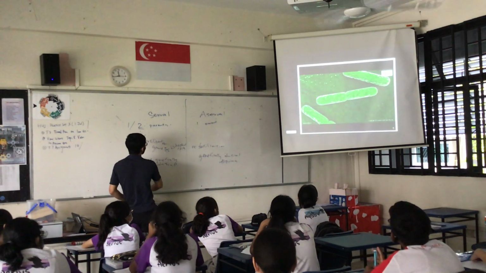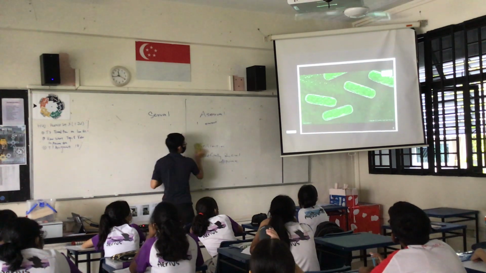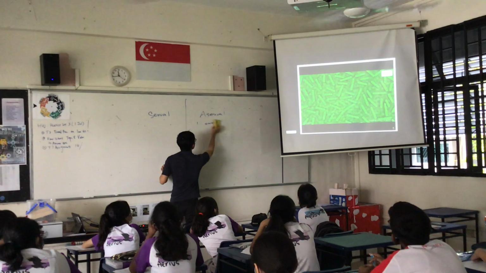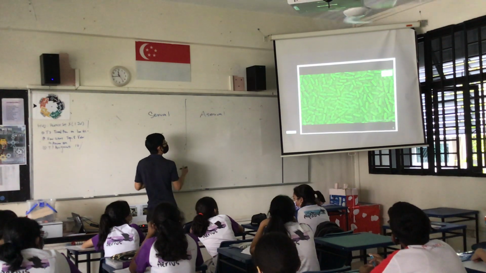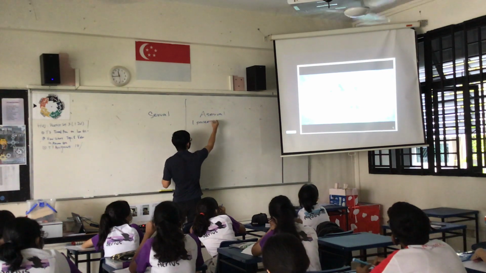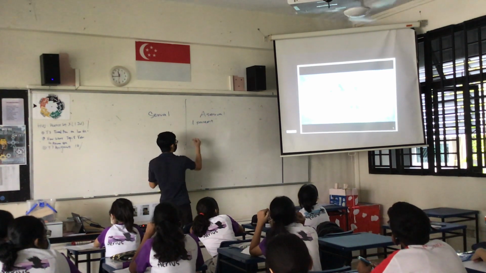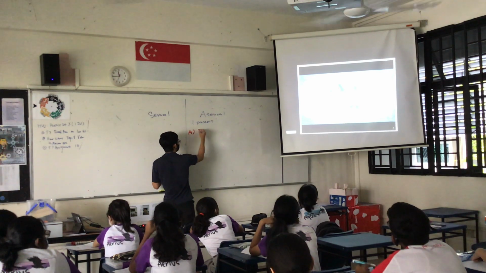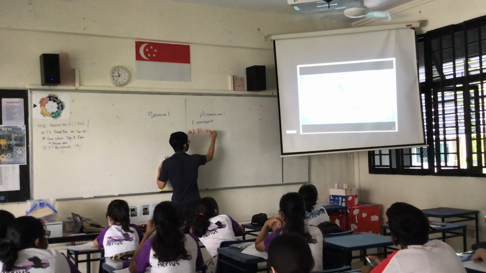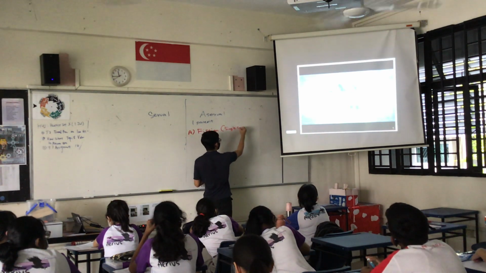Asexual reproduction is a form of reproduction that involves the production of a new organism by a single parent. Fission refers to the division of parent cells into two parts. This is the simplest type of reproduction and is seen in single-celled organisms such as amoeba and paramecium.